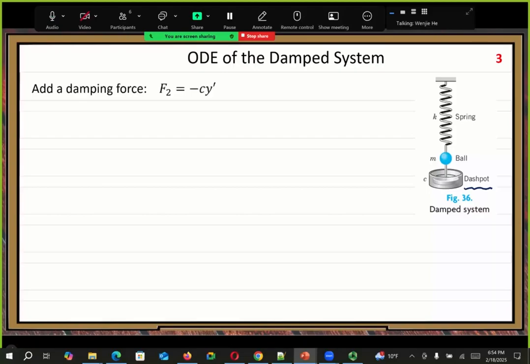Here you can see F0, F1, F2. Each F has a different meaning. The F2 notation we use to represent the damping force. The damping force equals negative C, some damping constant, times y prime, the velocity of the ball.